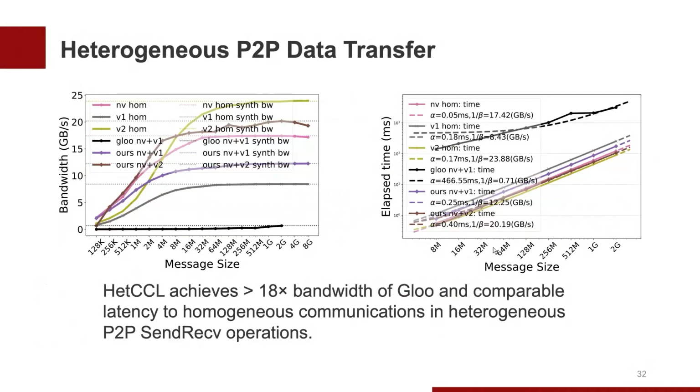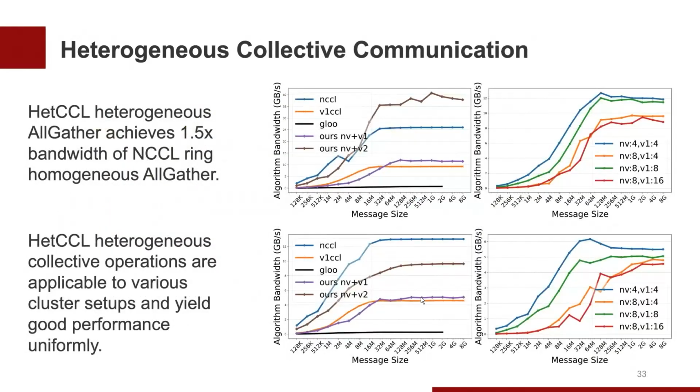And actually, if we look at the data transfer performance, we compare to the existing solution, Gloo, and it can achieve 18 times higher bandwidth compared to it. And we have done several different heterogeneous settings, and consistently we are much better compared to Gloo.